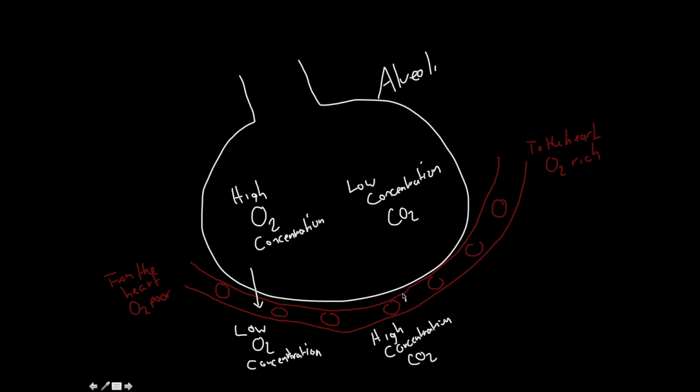From the blood into the alveoli, and then they'll be exhaled from the body. Okay, so this is our basic sketch of what's going on inside each of the alveoli. As the capillaries carry the blood across an alveoli, oxygen from the alveoli goes into the blood, and carbon dioxide from the blood goes into the alveoli and gets released from the body.